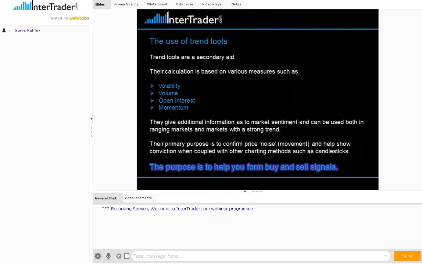So, the use of trend tools. Trend tools really are a secondary aid. The calculation is based upon various measures such as volatility, volume, open interest, and momentum. For me, they give additional information on market sentiment, and obviously you've got the underlying tone of the market, be it fundamental, bearish or bullish, or from a technical standpoint, making higher highs or lower lows.